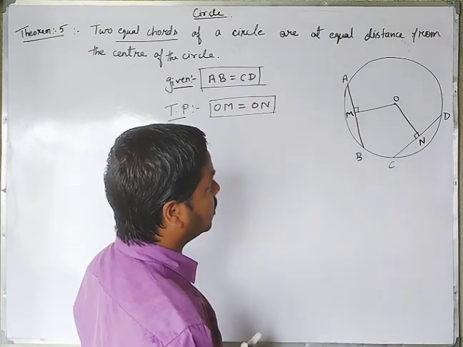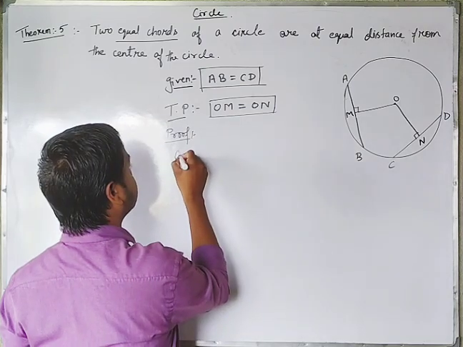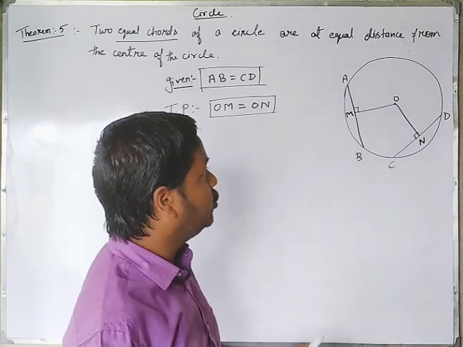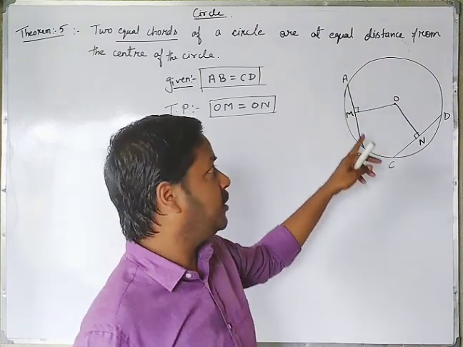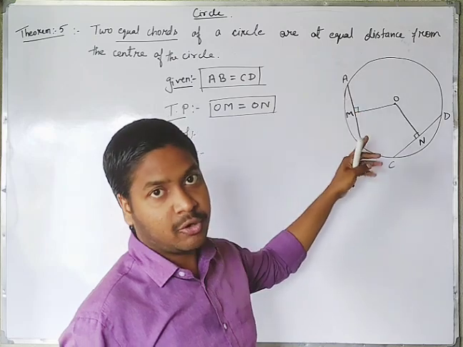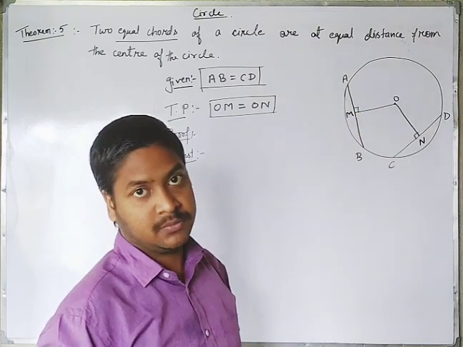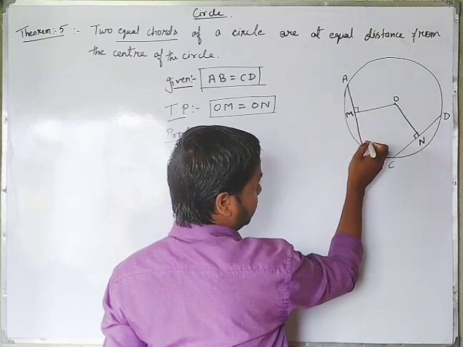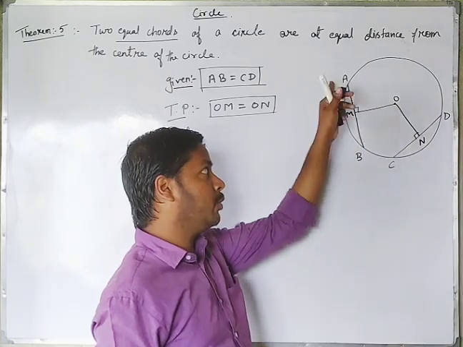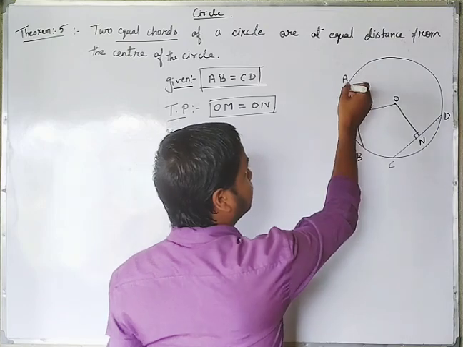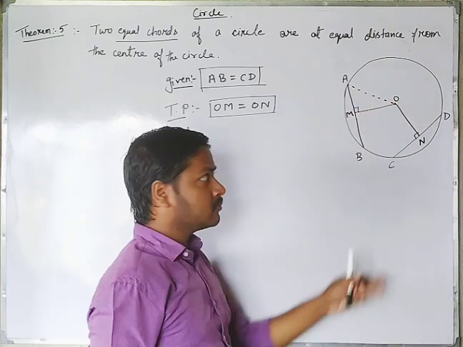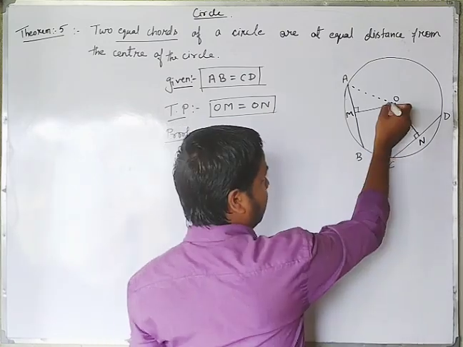Then in the construction, join either end of these chords to the center. I have joined OA. For this chord also, I will join OC.